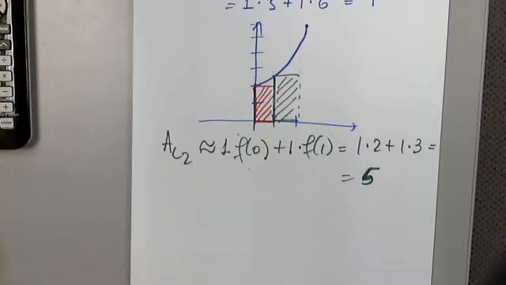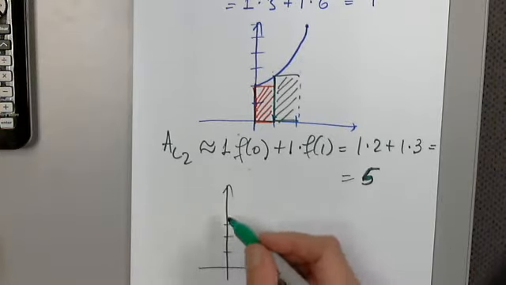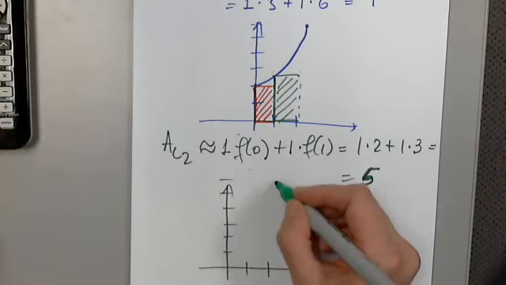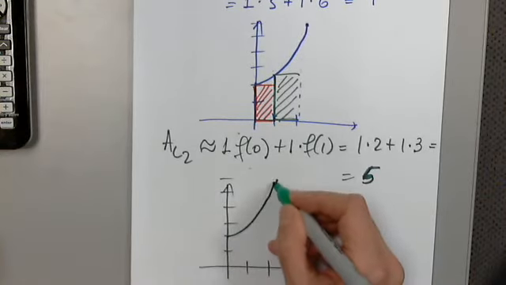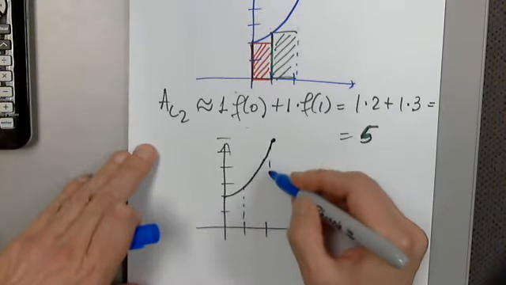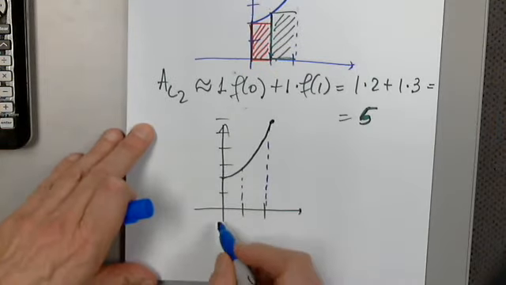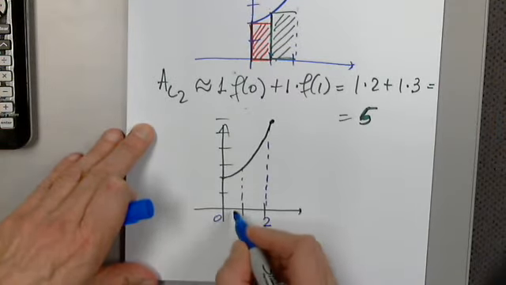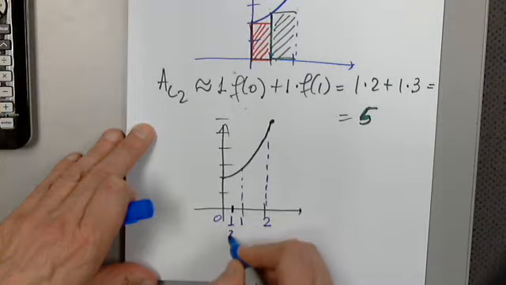Okay, so now let's take a look at the same graph one more time and decide what happens in the situation in which we want to use the midpoint. So this is 0, this is 1, this is 2. This piece in the middle is 1/2, and this piece in the middle is 3/2.